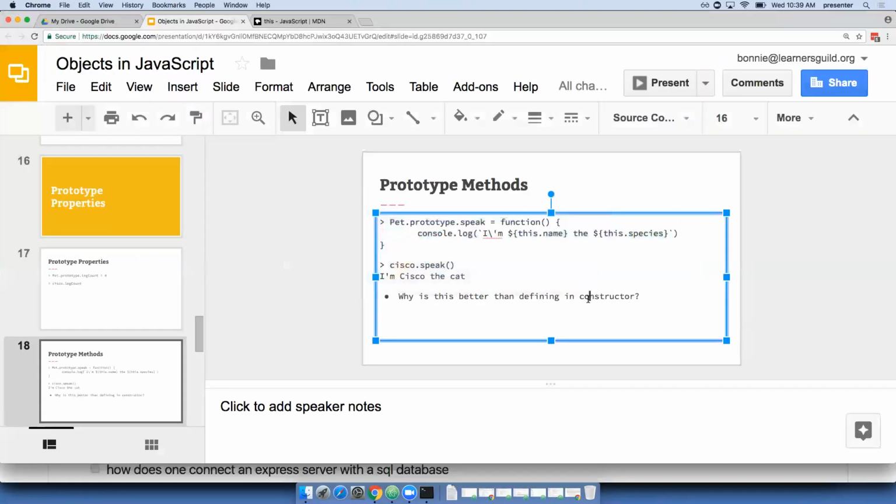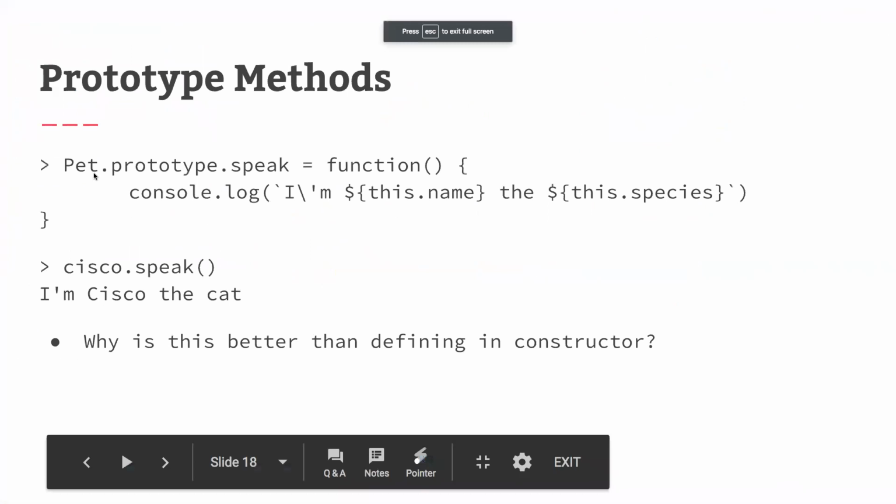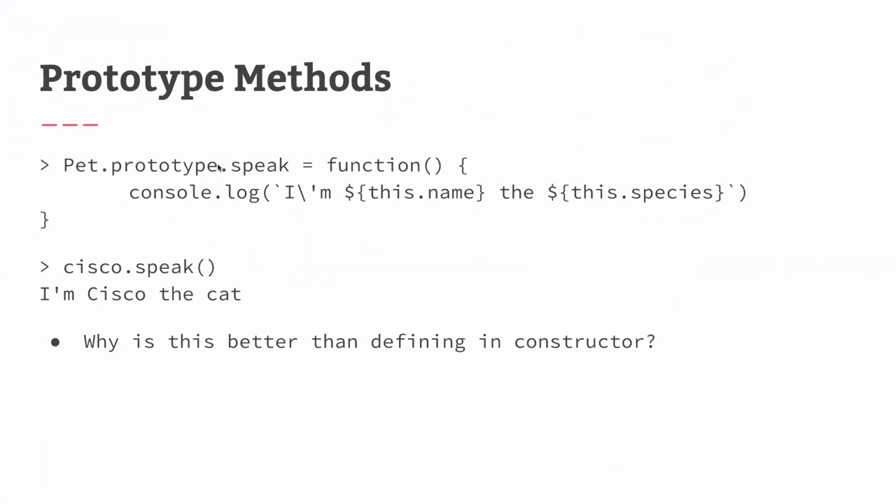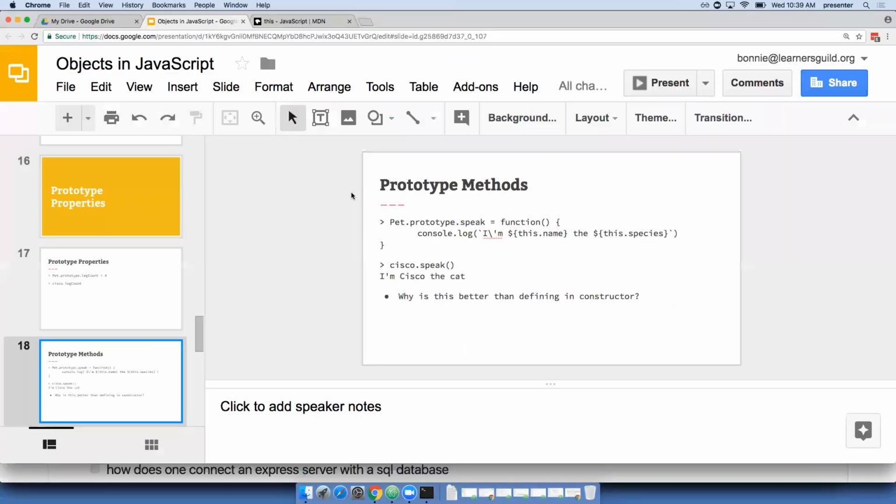So let me ask you, and this is a pretty subtle question, but I think it's an interesting one. Why is it better to define this function as a pet.prototype function rather than putting it in the constructor function? Because I totally could have put it in the constructor function.